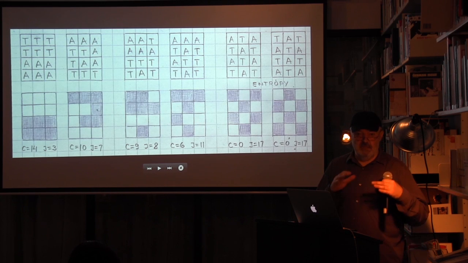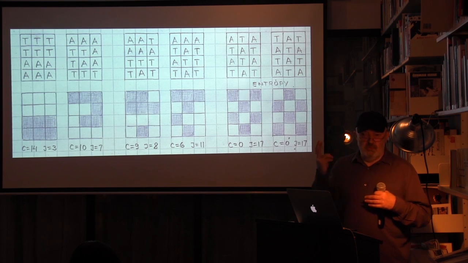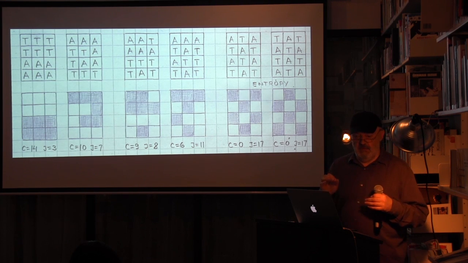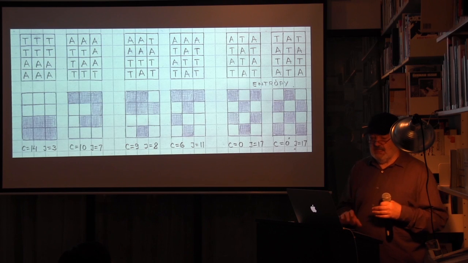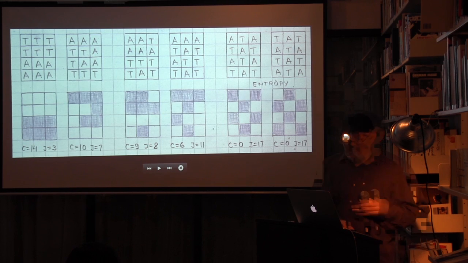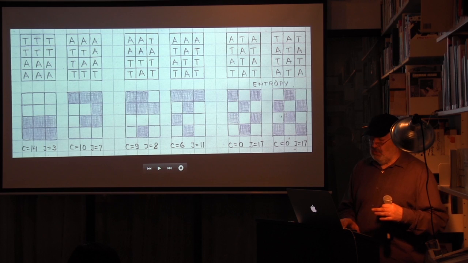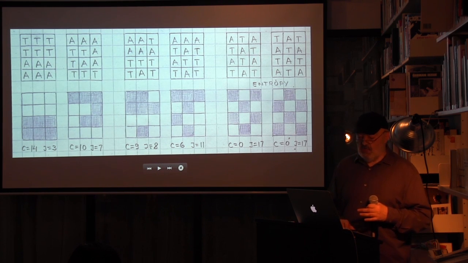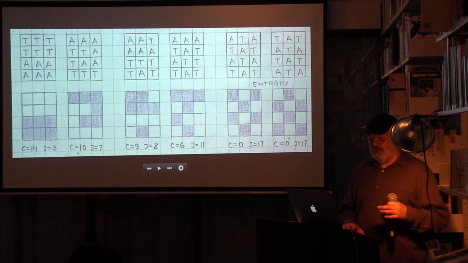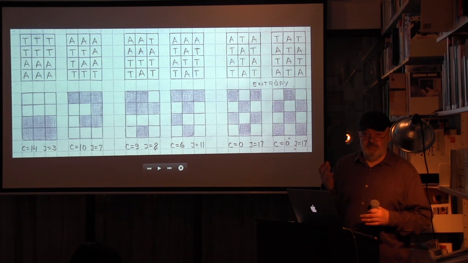This is the highest possible organized state with these two elements, with an equal number of elements: we have 6 T's and 6 A's. Here is something like a transition, moving from high organization to the entropic case. At this stage we already see C is not 14 but 9. The number of connections is going down and the number of junctions is going up.